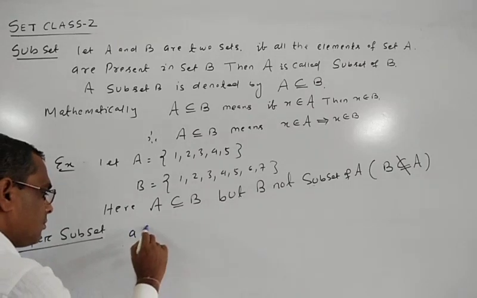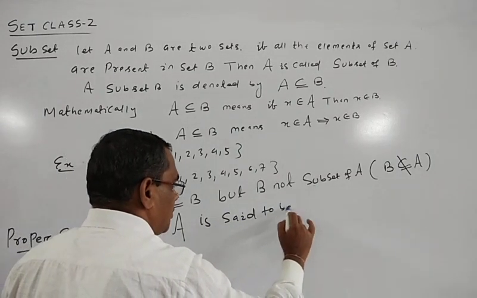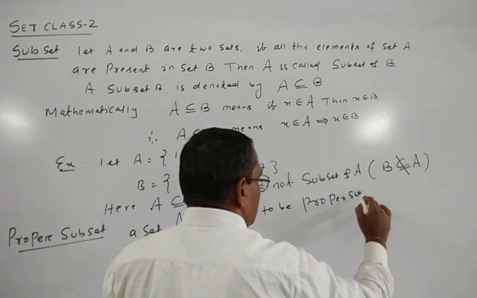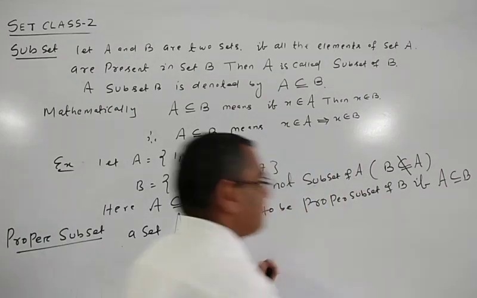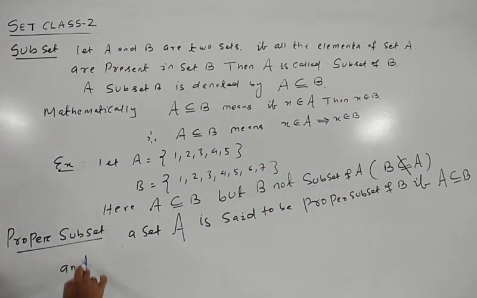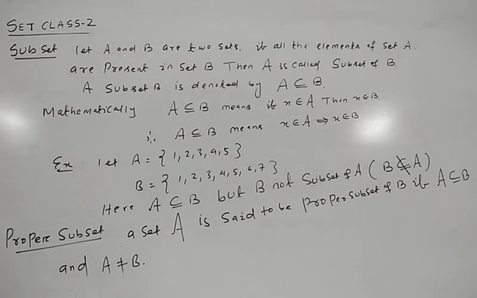A set A is said to be a proper subset of B if A is a subset of B and A is not equal to B. Every element of A is in B, but A will not be equal to B. In such a case, A is called a proper subset of B.